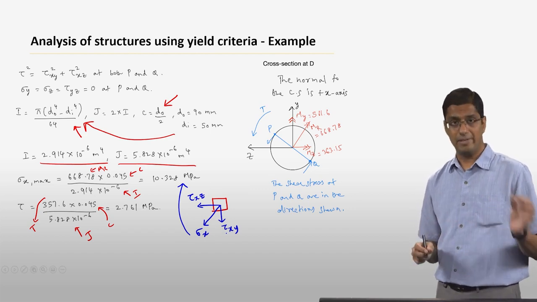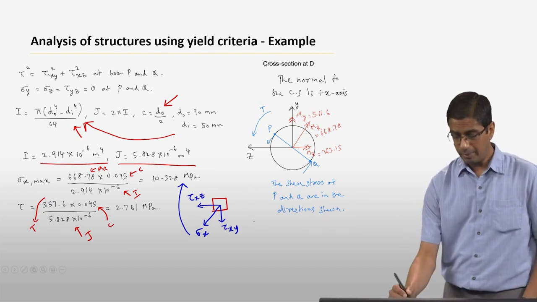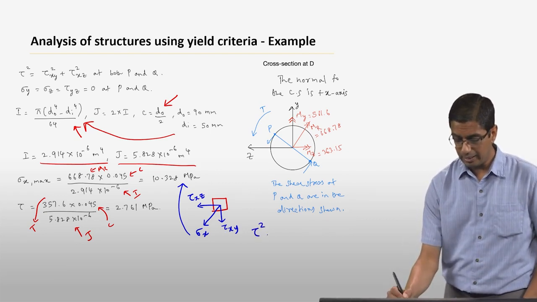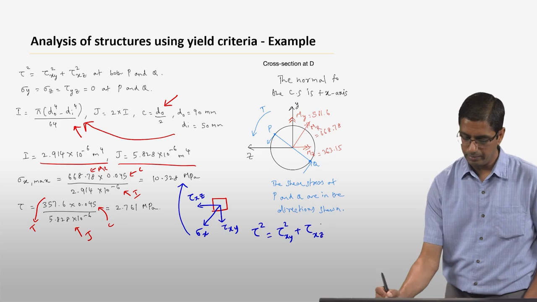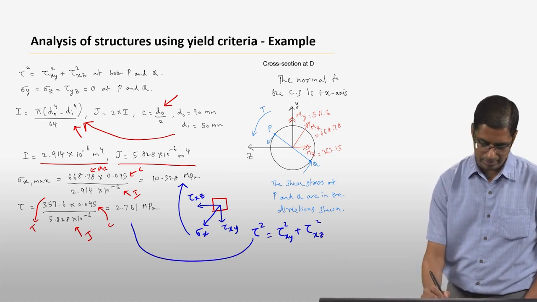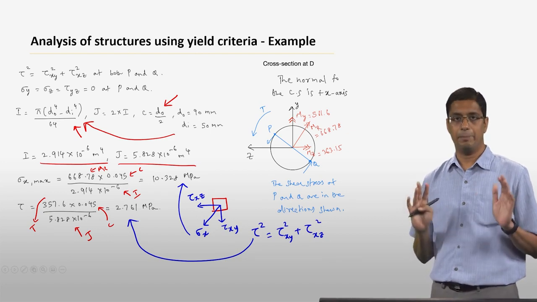We can also evaluate tau xz and tau xy independently from tau, but we don't need to do that. The main thing is that we know tau squared is tau xy squared plus tau xz squared, and that tau is this value. So that is the state of stress at point P.